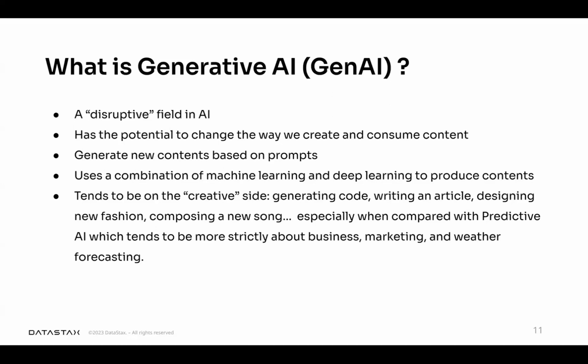Essentially, Gen AI combines machine learning and neural networking to solve problems for you and produce content for you. When I was doing research, I found there's also predictive AI, which was more popular before Gen AI. The way I look at it, generative AI focuses more on the creative, longer-term side.